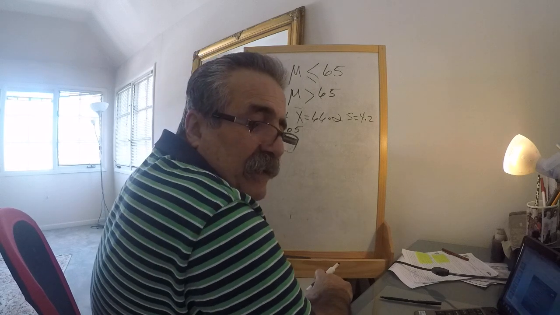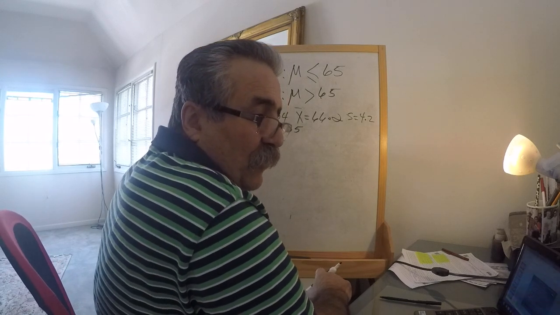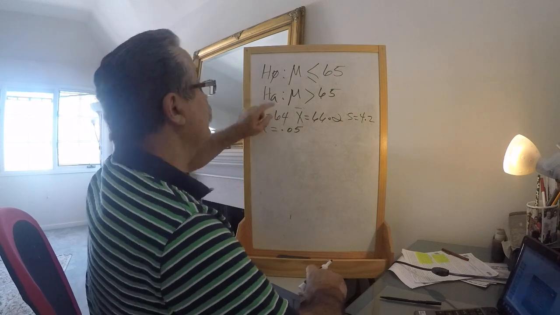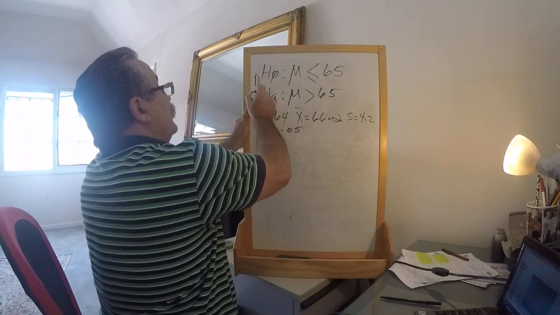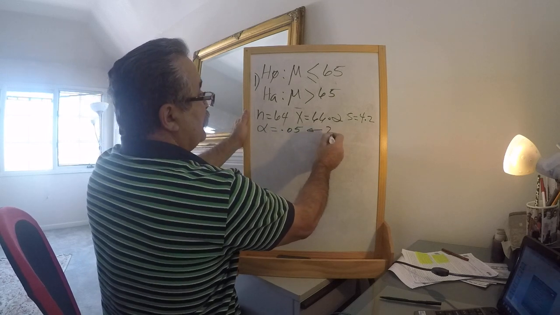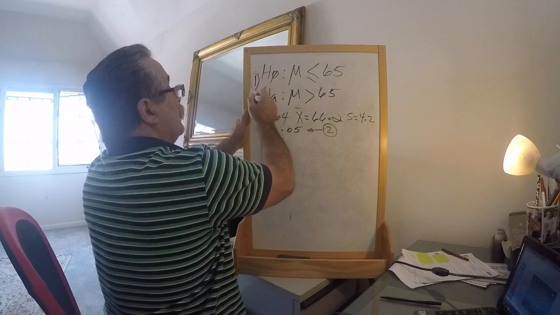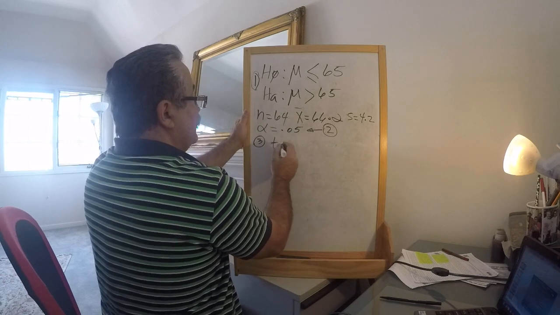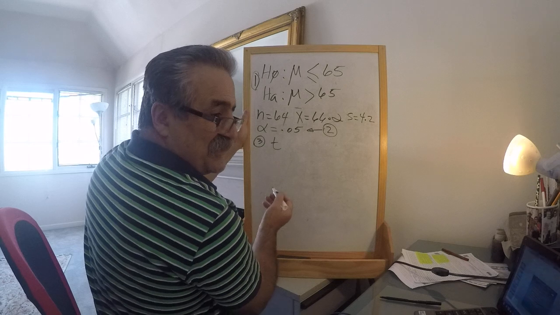The first step is formulate the hypothesis. The hypothesis has already been formulated. This is step number 1. Step number 2 is specify the level of significance. Step number 3 is calculate your test statistic.